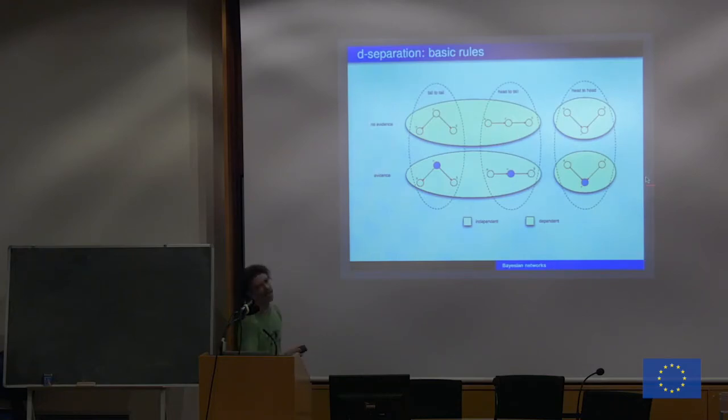By the same reasoning as before, we can prove that A and B are not independent, and they become independent if C is observed, okay? Same behavior as here, okay?